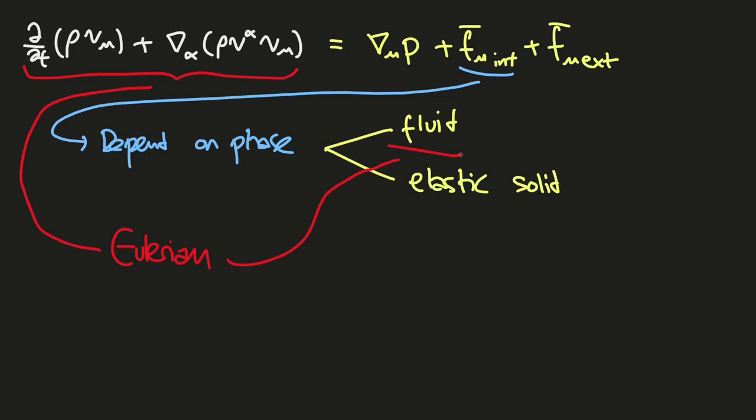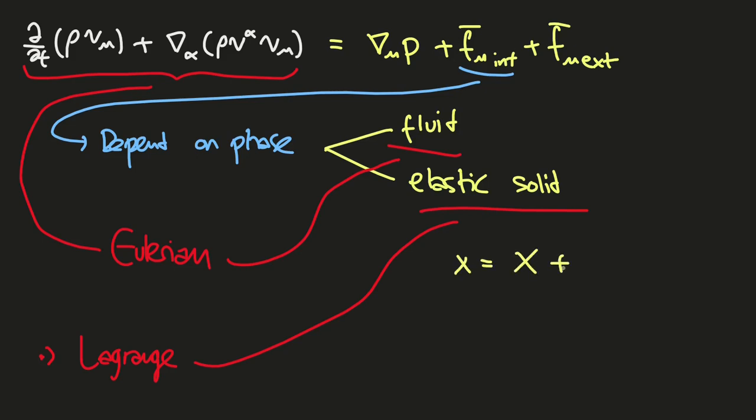So here there is another view, Lagrangian, which simplifies the elastic body model. In this Lagrangian view, the position x equals x capital as the initial position plus some kind of displacement chi that depends on x capital and time. So the velocity vector has component v mu, which equals the first partial derivative of chi with respect to time.